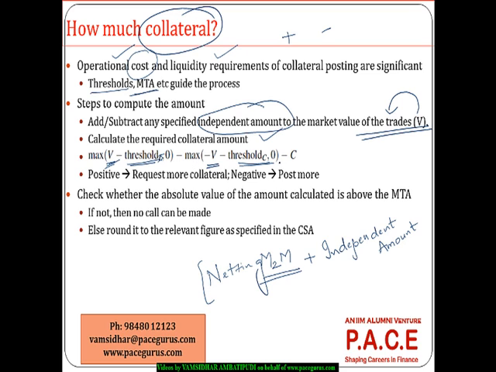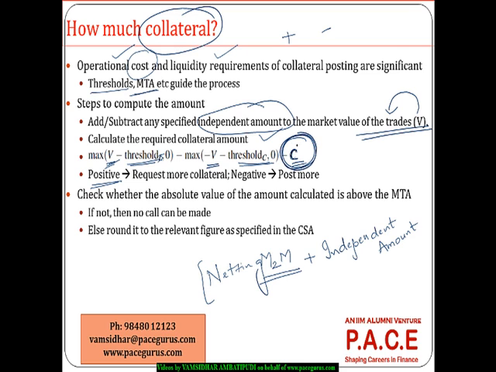So the maximum of these two minus the collateral that has already been collected earlier. If some collateral is already being collected, only on the top of it is what I have to compute what should be the threshold.